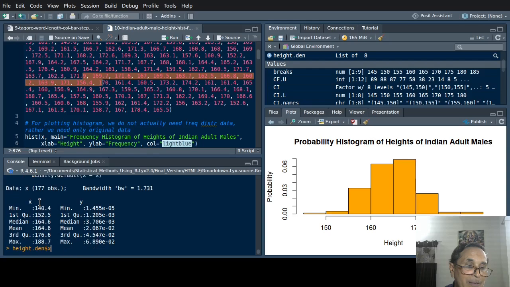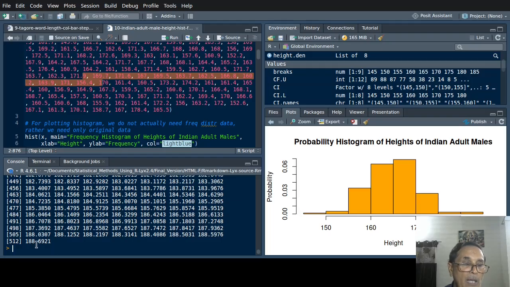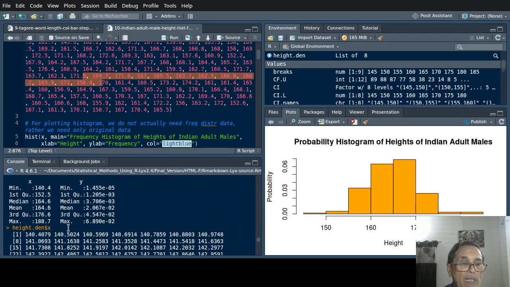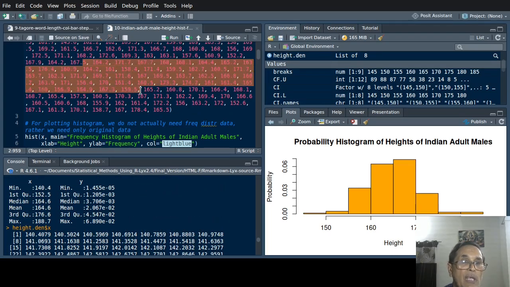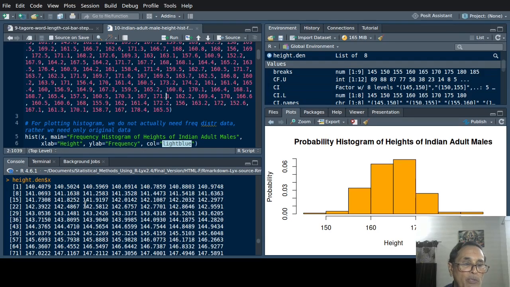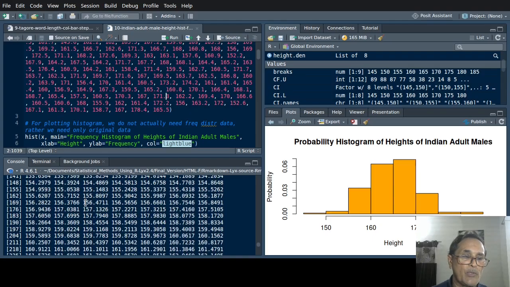This x value is joined by the dollar sign. This means x values from the height den list of data. What does it give? It gives a very large number of 512 values, 512 values that are automatically computed by the simulation method. I will not discuss simulation. You can search it somewhere. It is just a similar kind of computation.